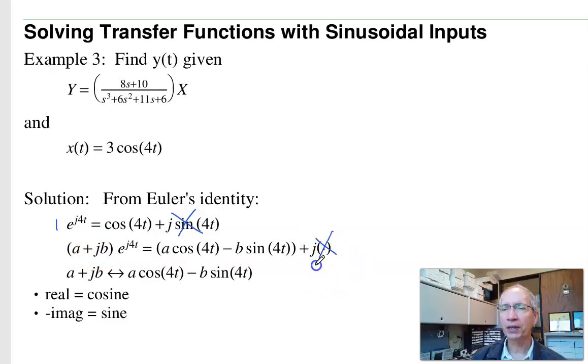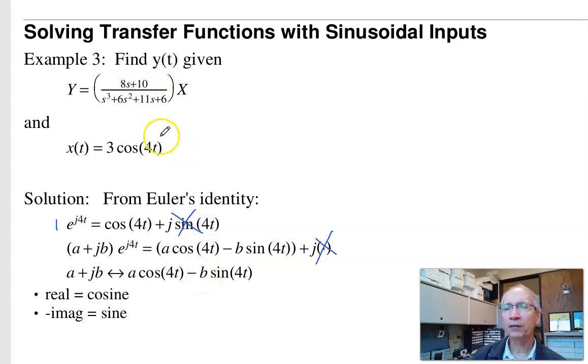If I just take the real part, then a plus jb represents a cosine minus b sine. So in phasors, I can represent sines and cosines with complex numbers, and that assumes my input is e to the j4t. And when I do that, the real part is cosine minus j is sine.